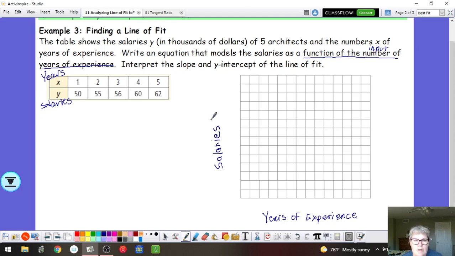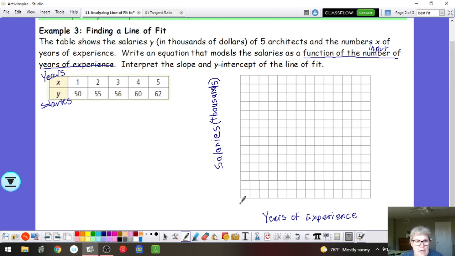And I'm going to make a note that this is in thousands. And because I'm told it's in thousands, I don't have to actually write this as 50,000. I can just write 50, 55, 56, 60, 62.